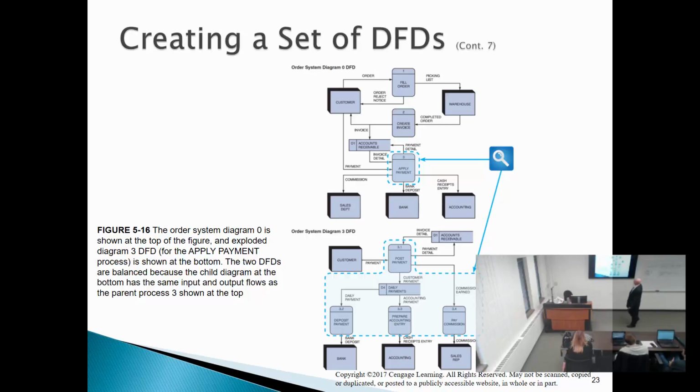Okay. So here is level 0, and here is 3.1. So we're taking this and we're exploding it. Now, we have the external parts to this process identified by this data store and these external entities.